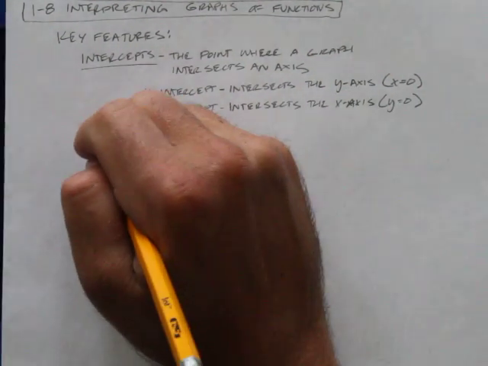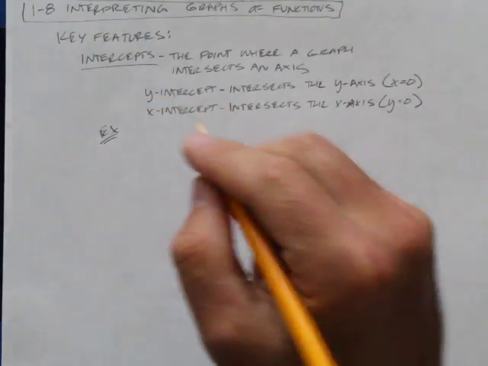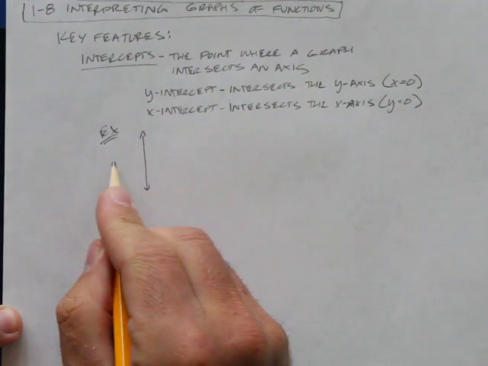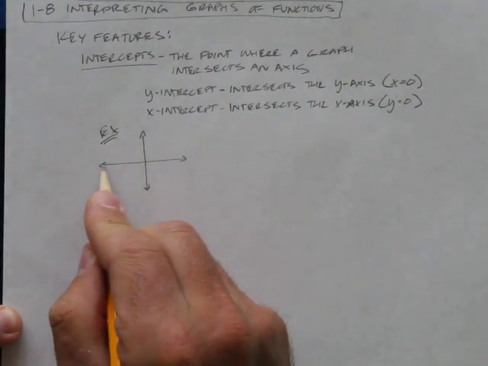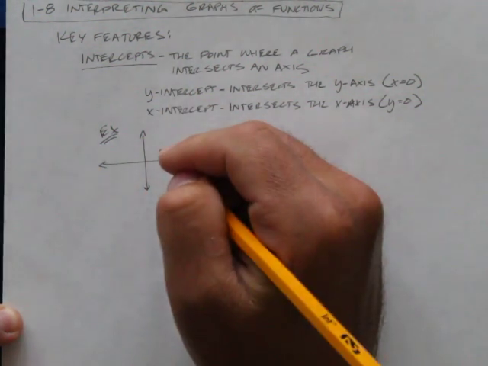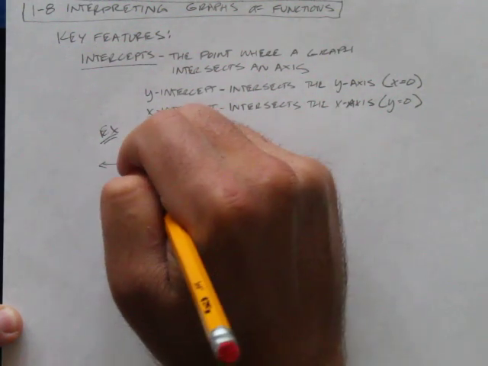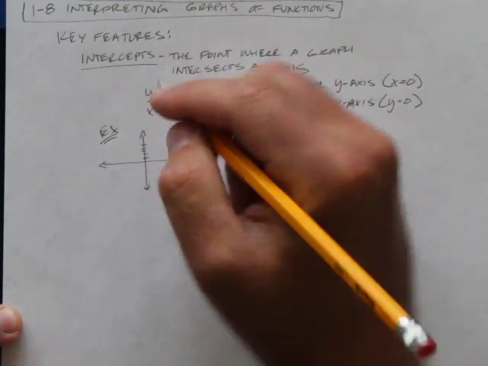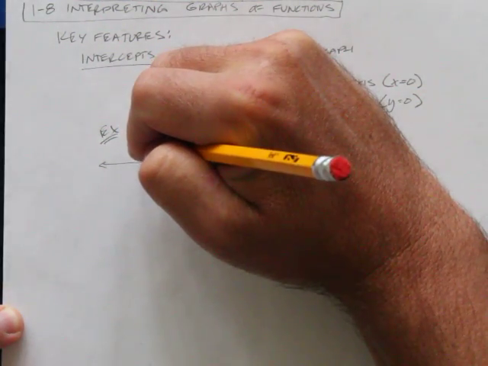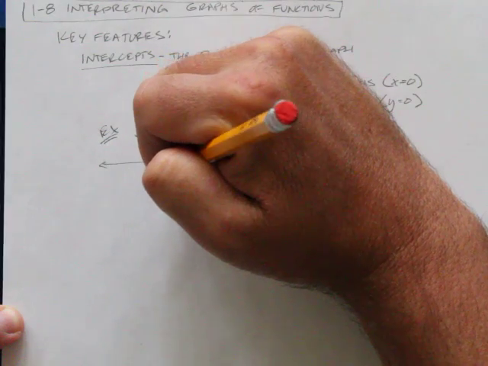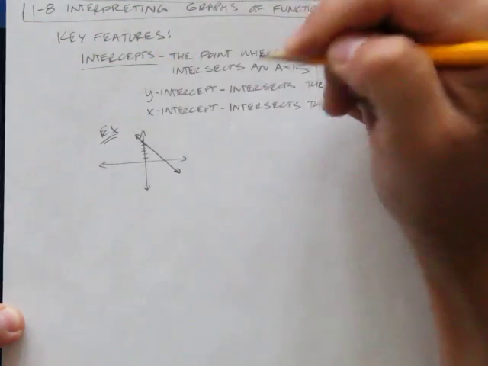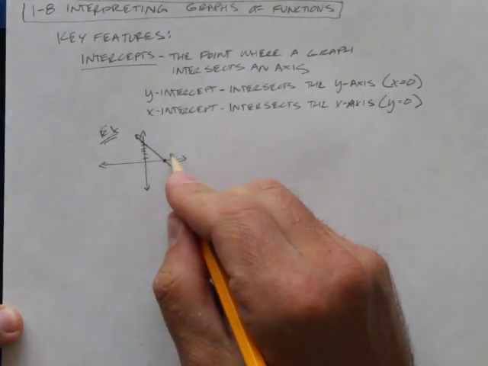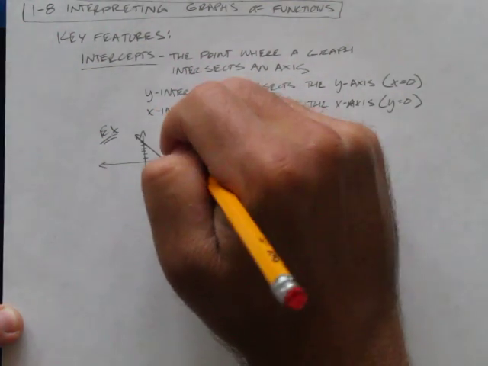Let's see an example of what I'm talking about. So here is a coordinate plane, and we're going to go up 5: 1, 2, 3, 4, 5. Let's draw a line that goes through that point and goes through the x-axis here. Right at this point is the x-intercept.